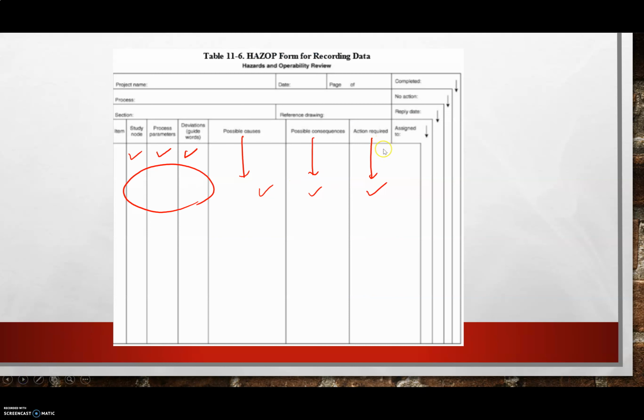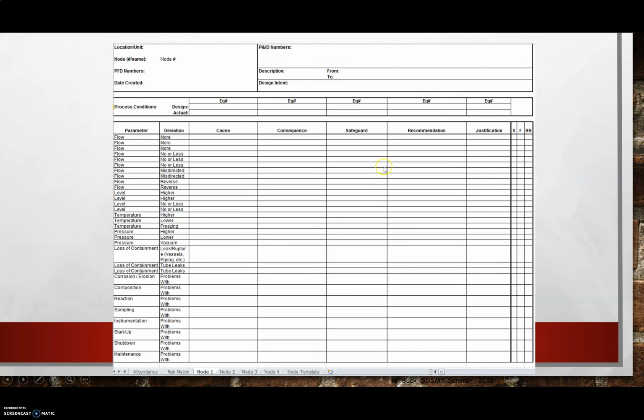This one also has causes, consequences, and action required, and also some action to be taken by the authority or by the management. Same goes to this table. They have the safeguard and recommendation. They also have the justification for the causes and consequences, and also some action taken by management.